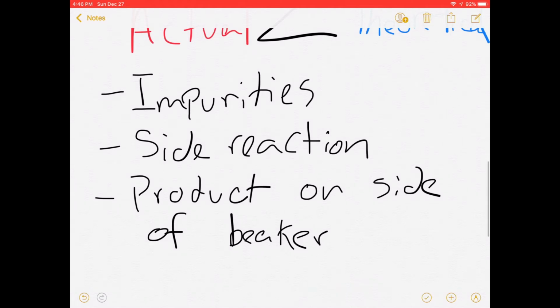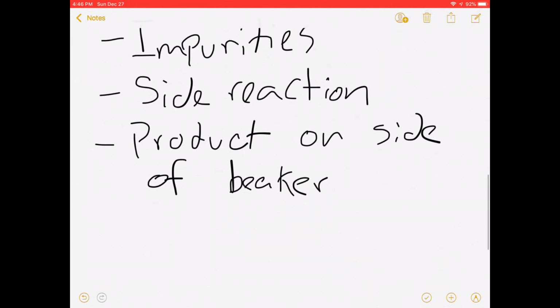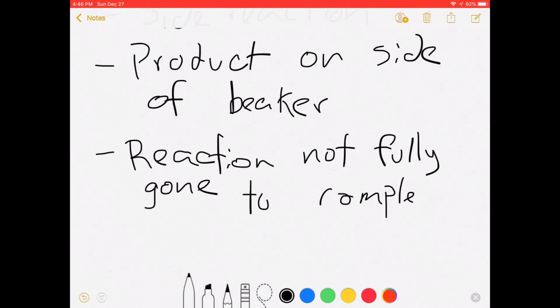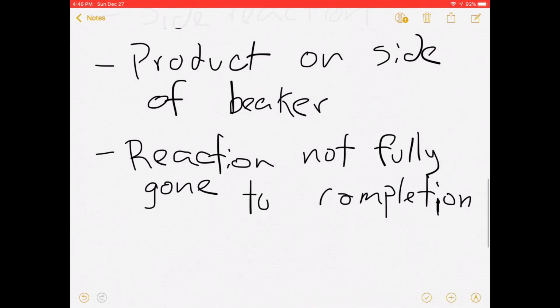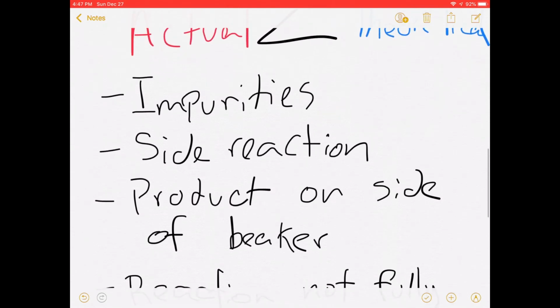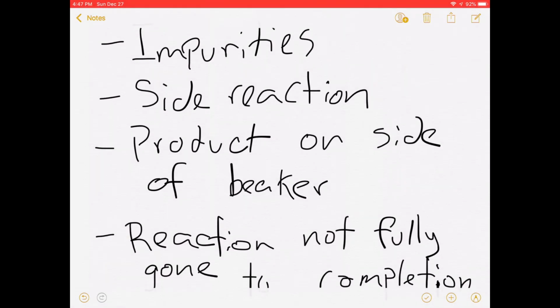The final reason is that the reaction could not have fully gone to completion. Your reaction could have stopped halfway, and it probably couldn't have gone 100% to the end and produced all of the product that you were expecting. It could have stopped halfway and you would have gotten only half the amount of product that you're expecting. So these are 4 reasons why your actual yield could be less than your theoretical yield.